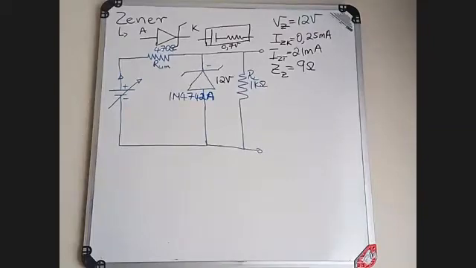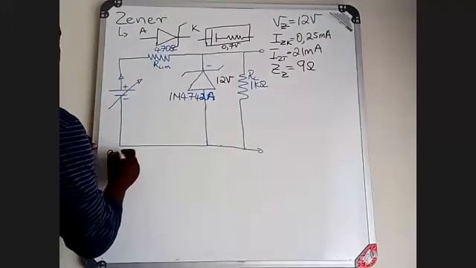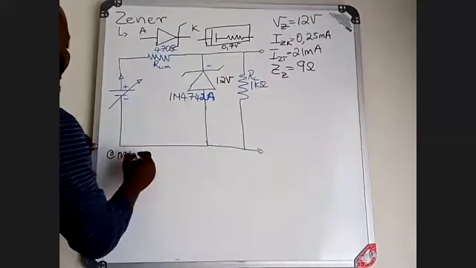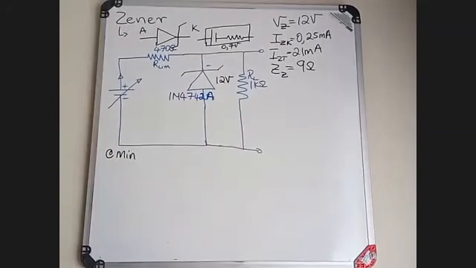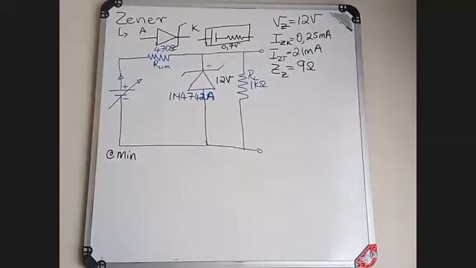Then, for me to do the mathematical analysis of these, at minimum, what is it that becomes important?